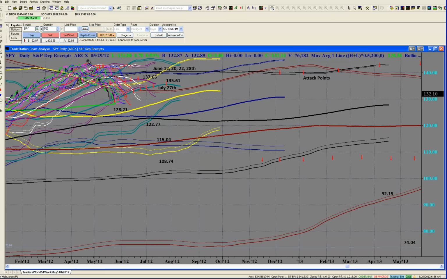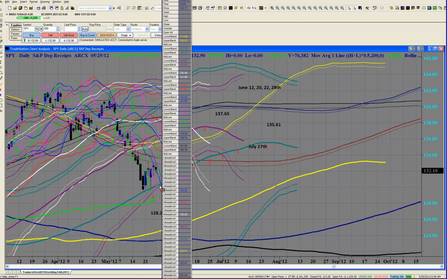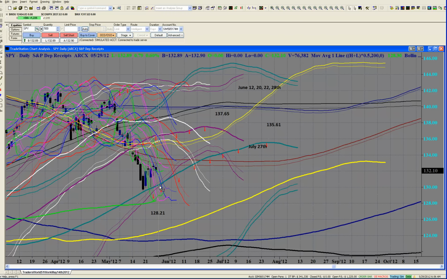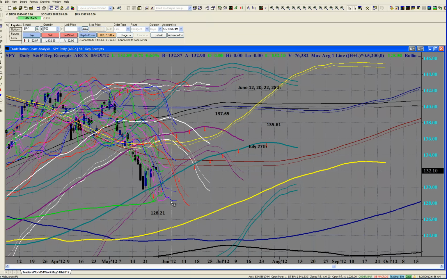Currently, the SPY closed at 132.88 last week, and we came down to critical support along this purple boundary, which this week keys off of the level of around 130.17, with outside spikes down to about 128.31.